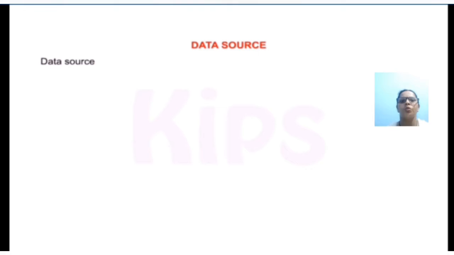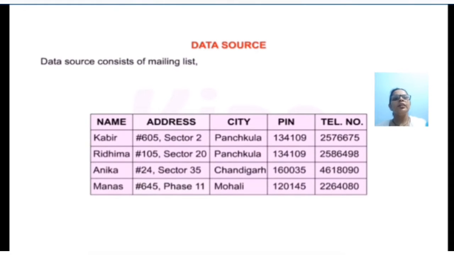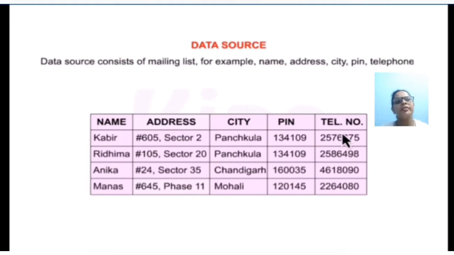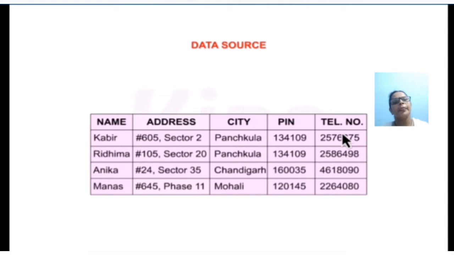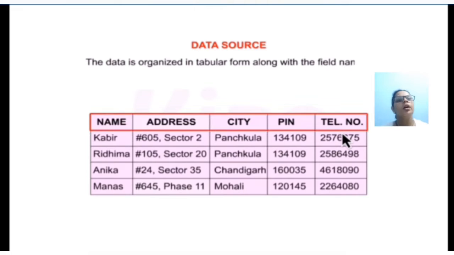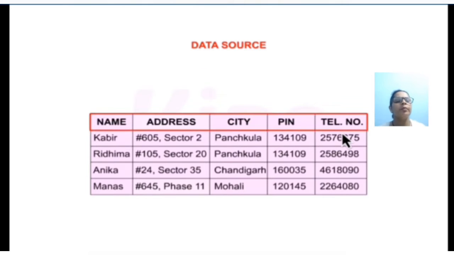A data source consists of the mailing list. You can see that it is a list, for example name, address, city, pin, telephone numbers, etc. Now the data is organized in tabular form along with the field names.